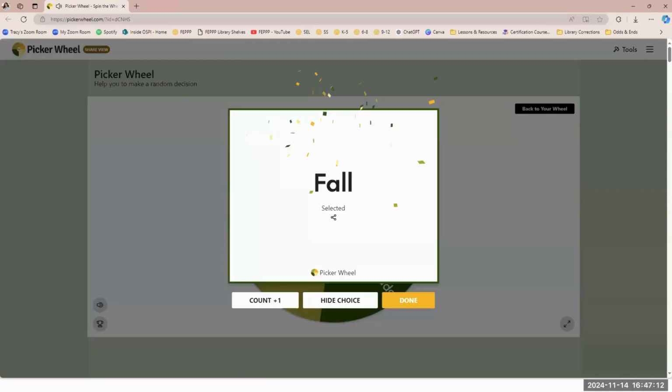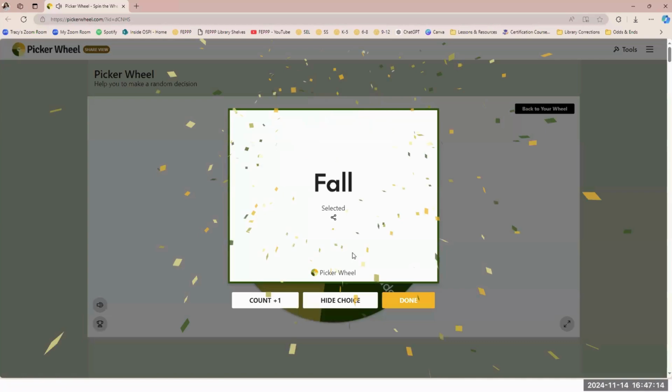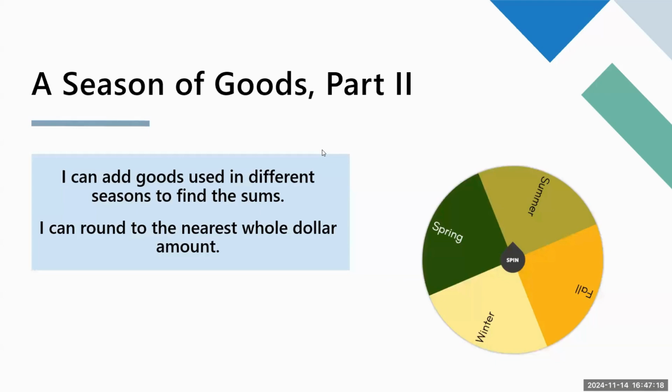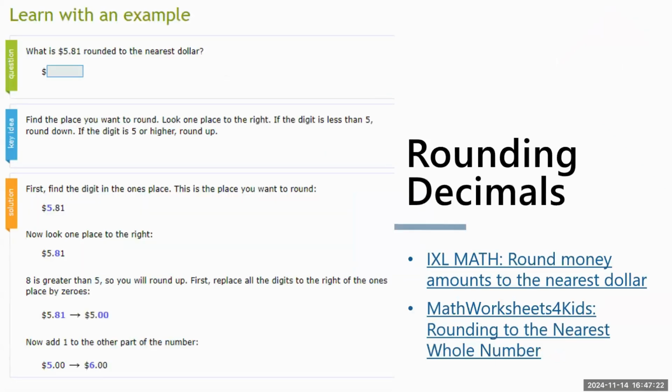If you like that sort of interactive thing that helps keep your students on track. So they said fall, that group got assigned fall. So what they would do is, I'll go ahead and drop the link for the fall worksheet. And all of these seasonal scenarios are linked in that first worksheet that I gave you. But here's the fall one, since that's what we got assigned.